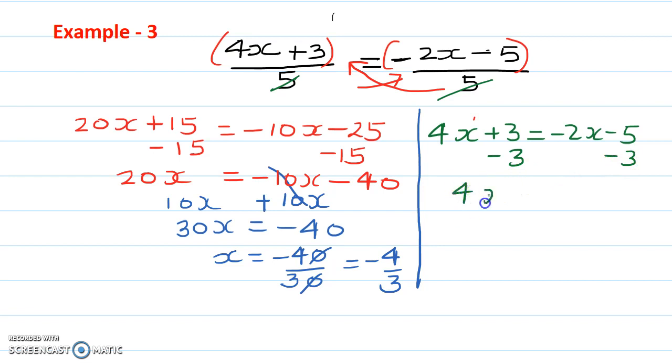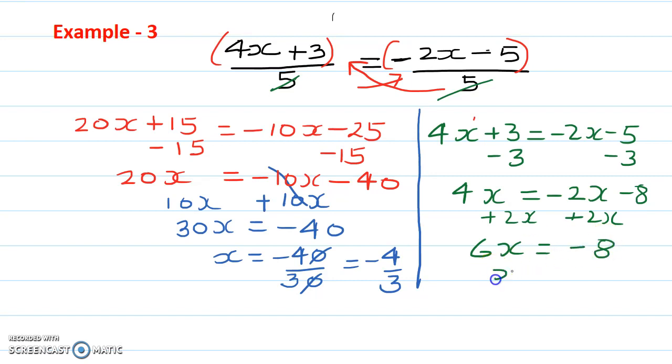So here we got 4x, that is minus 2x and minus 8, and plus 2x both sides. So we got 6x, and that is minus 8, and x is minus 8 over 6, divided by 6 both sides. So we got minus 4 over 3. We could do this because both have the same denominator, and the same denominator you can cancel.